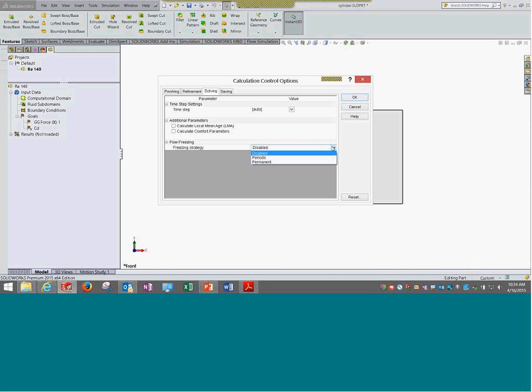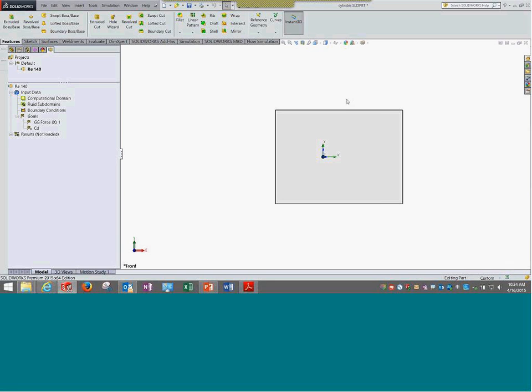If you want the software to either periodically or permanently do it, there could be cases. Take this domain itself. I told you turbulence may be happening here and the flow is happening in this region only. However, these extreme areas may not experience any variation of flow.